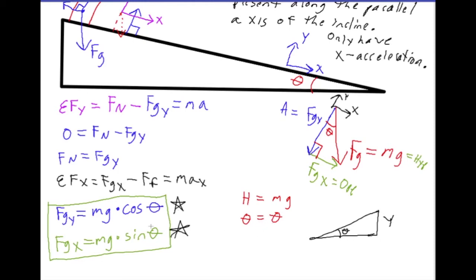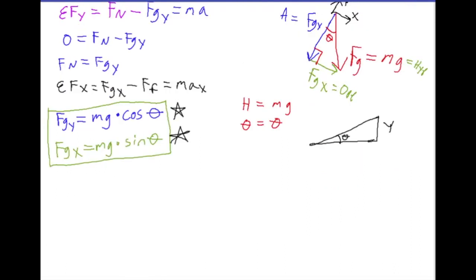All right, but this is what we need to know, is that force gravity in the y is mass times gravity times cosine theta. And force gravity in the x is mass times gravity times sine theta. So let's take a quick second and see if we can really understand what these equations are telling us. So again, we had net force in the y direction was equal to force normal minus force gravity y.